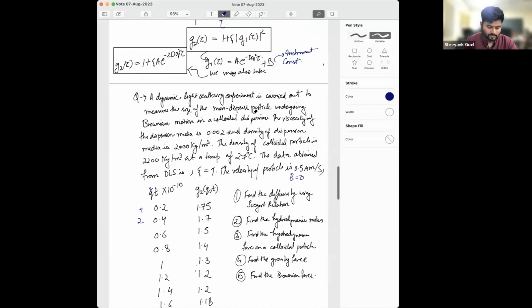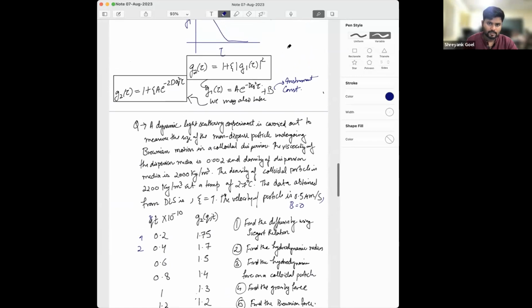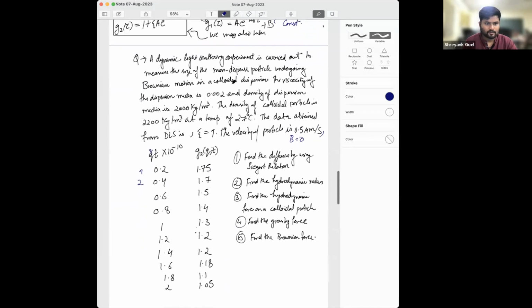And for more discussion on this B, it is given in a review paper by Hassan in Langmuir. I will briefly discuss it in the next discussion. Then we'll discuss it.